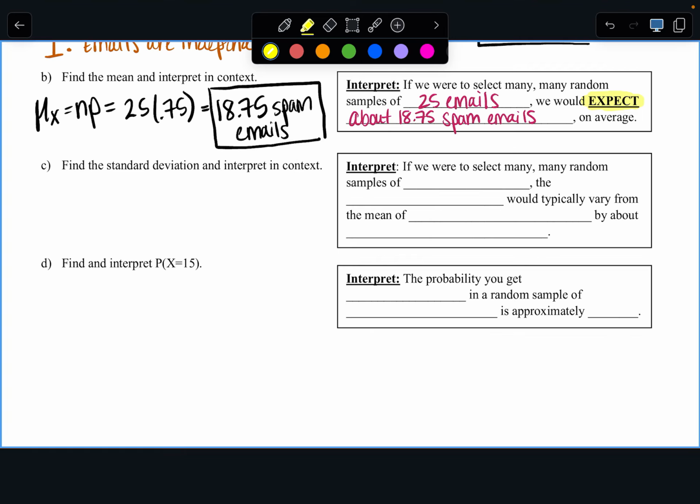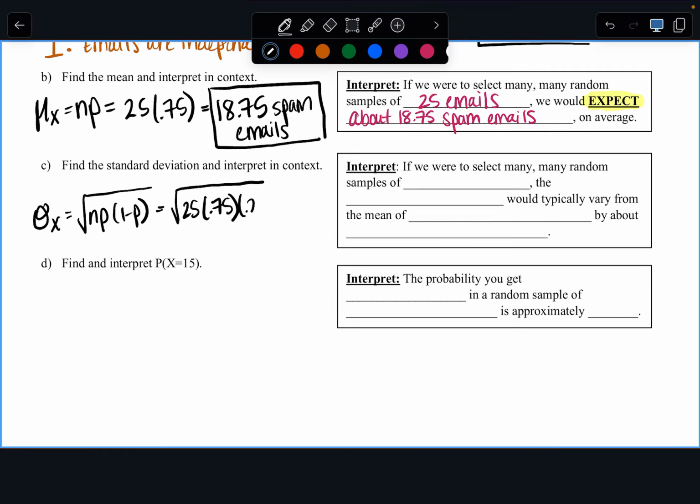For the standard deviation, it is the standard deviation of X, square root of N times P times 1 minus P. I'm going to go in square root of 25 times 0.75 times 0.25. You can write 1 minus 0.75, but I'm just going to write 0.25 because that is what 1 minus 0.75 is.